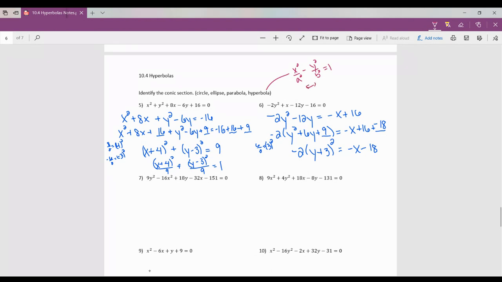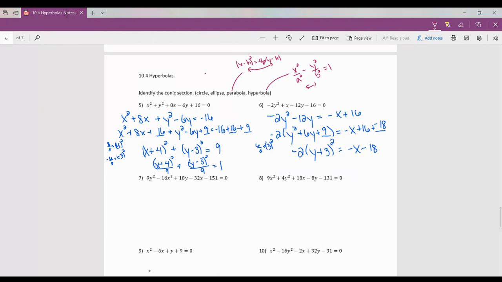For a parabola, it's going to be either x minus h squared equals 4p times y minus k, or vice versa with the y minus k and the x minus h.